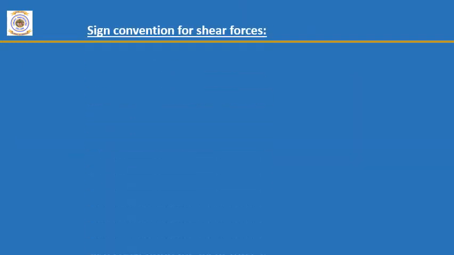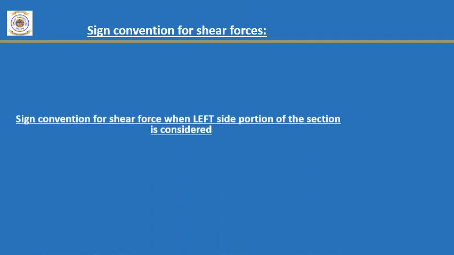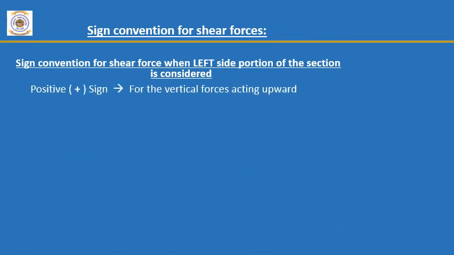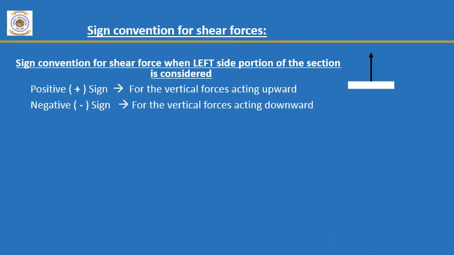Next are the sign conventions which we use for shear forces. First one, if the left side portion of the beam moves in upward direction and the right side moves downward, then the shear force is positive.